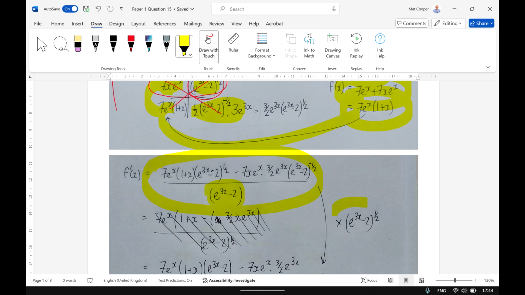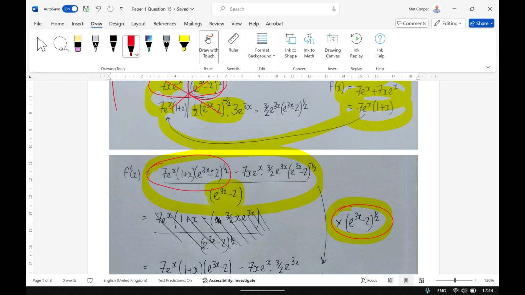So I've multiplied by e to the 3x minus 2 to the power of a half, and I've got to multiply everything by that. But the good news is there are only 3 things. You've got this term here, which if I multiply by that, it just makes 3e to the x minus 2 to the power of 1.